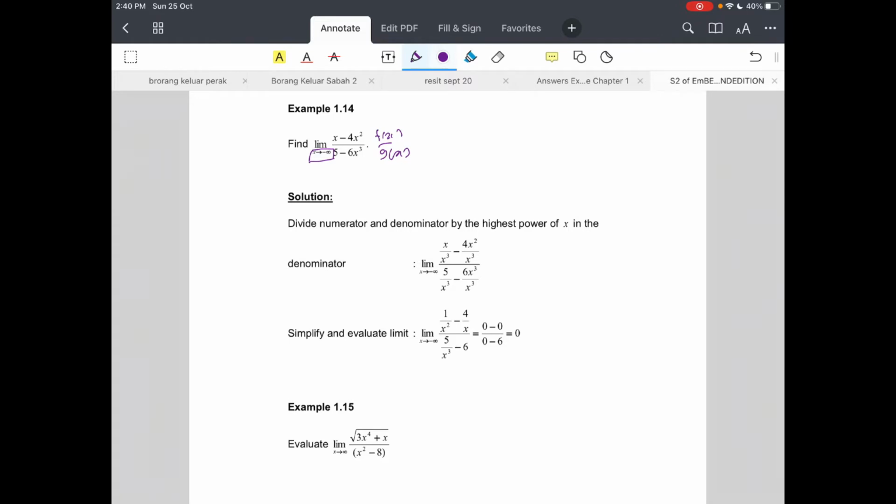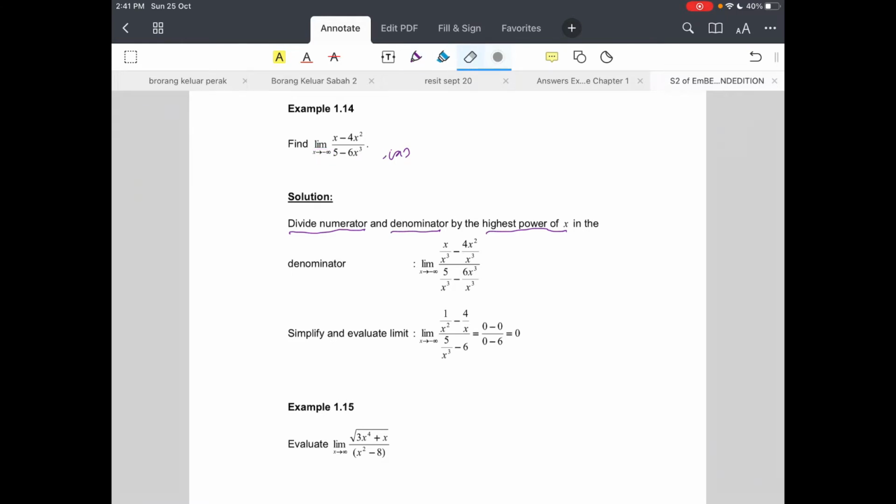So we may need to divide the numerator and denominator by the highest power of x. Here, as you can see, in the denominator the highest power is x cubed, or x to the power of 3.